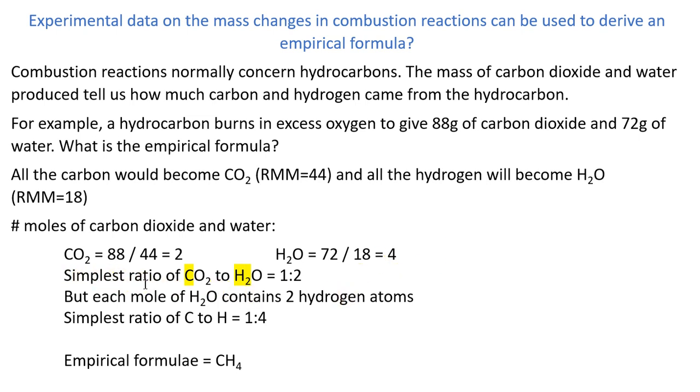And my simplest ratio of carbon in carbon dioxide to hydrogen in water. I'm saying 1 to 2, but if you look at it, I've highlighted carbon to show there's 1 carbon in CO2, 2 hydrogens in H2O. Each mole of H2O contains 2 hydrogen atoms. My simplest ratio of carbon to hydrogen is 1 to 4. Empirical formula, CH4.